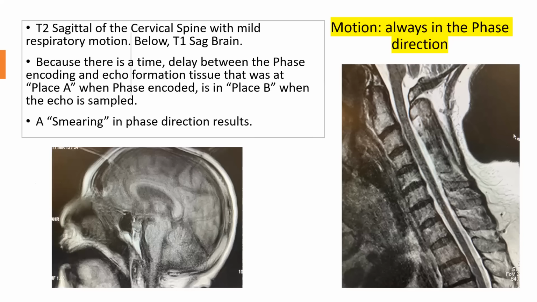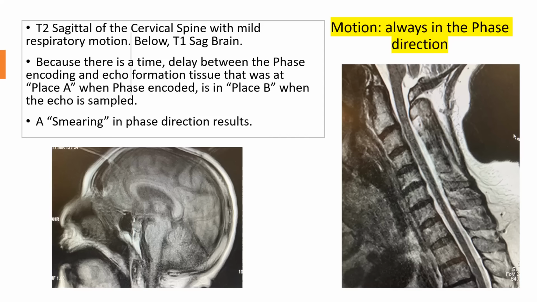So they might just show you an image like this and say, what artifact is demonstrated here? Well, hopefully you just went, oh yeah, that's motion. Because it's an evenly spaced, rhythmic kind of motion in the phase direction. They won't probably show you which way phase is running, but you can tell, that's motion.